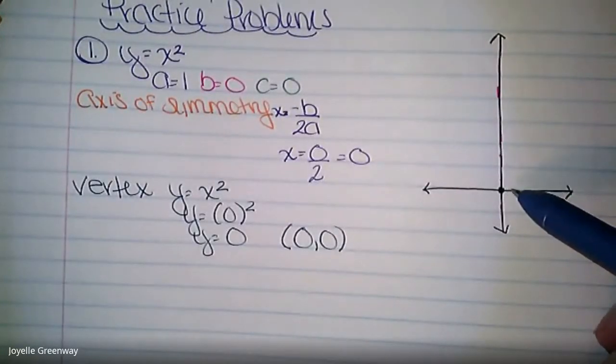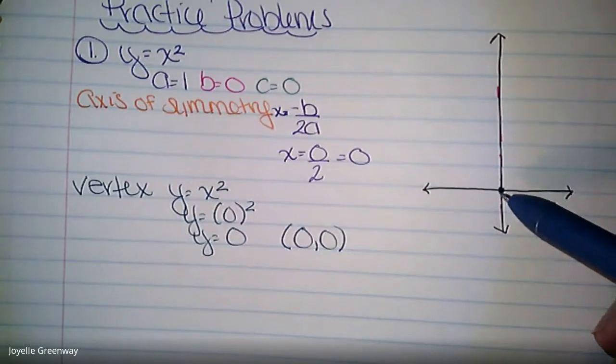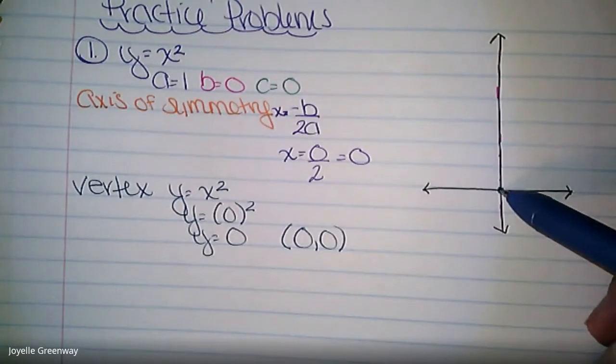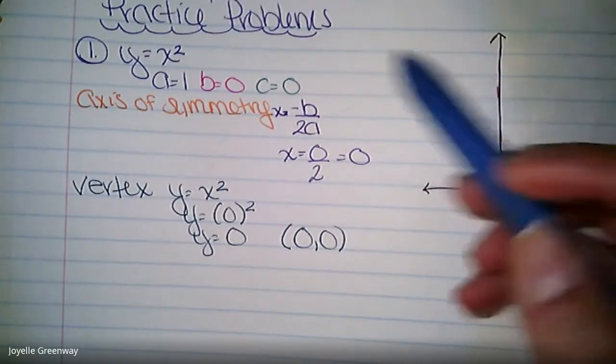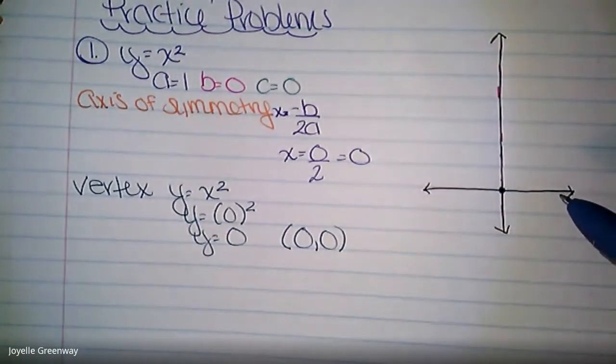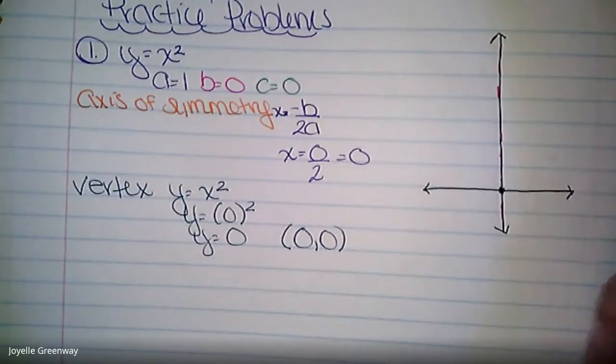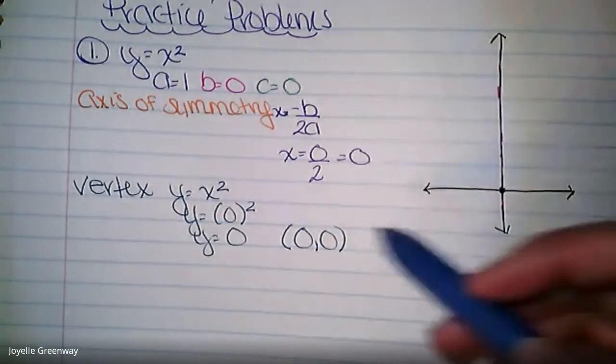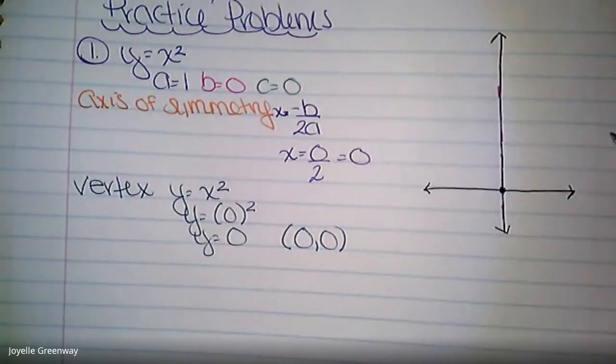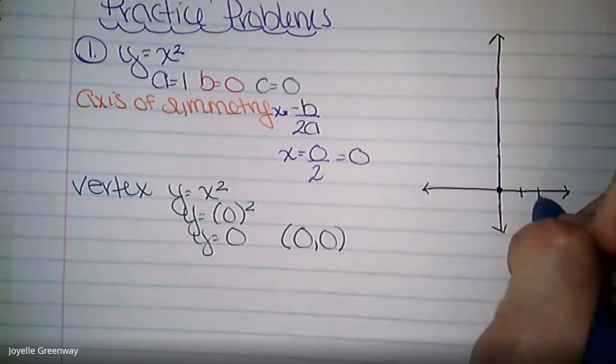So therefore, I don't even have to use the quadratic formula or anything to figure out that I'm going to have one root and it's my origin. So that does not help me graph this parabola. Also, my c value is 0. So I have to make a table because I can't use anything else to help give me the shape of this parabola.